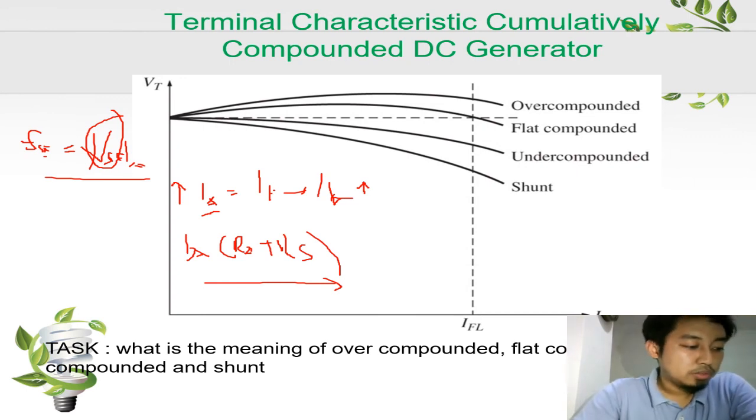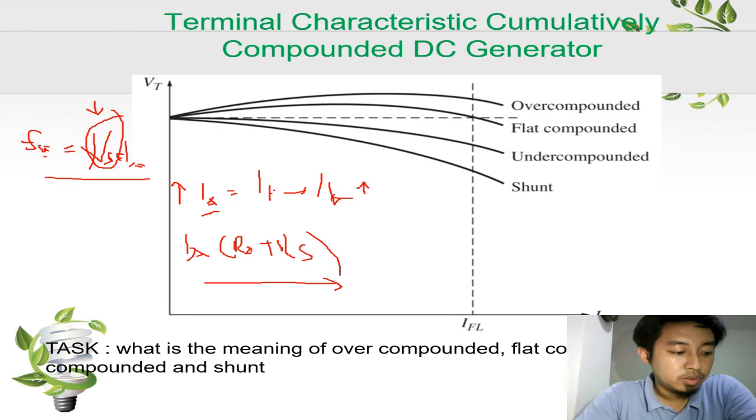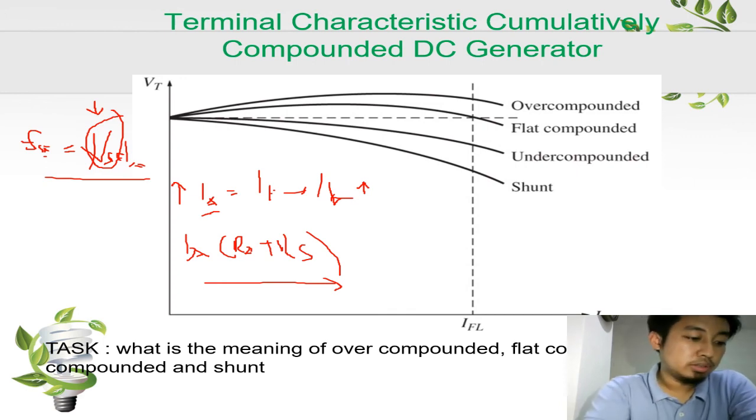The number of series turns NSE is small here. If there are only a few series turns, the resistive voltage drop effect wins out. The voltage falls off just as in a shunt generator, but not quite as steeply.